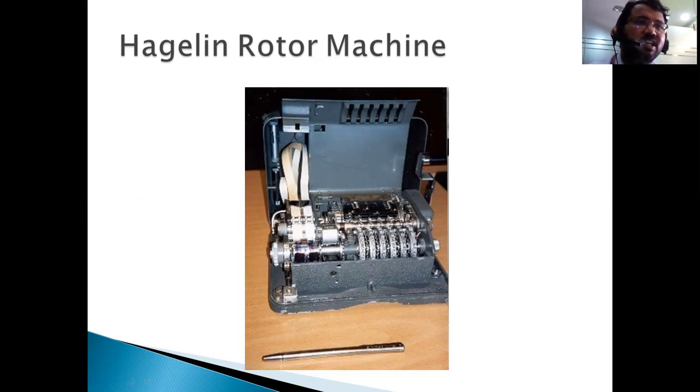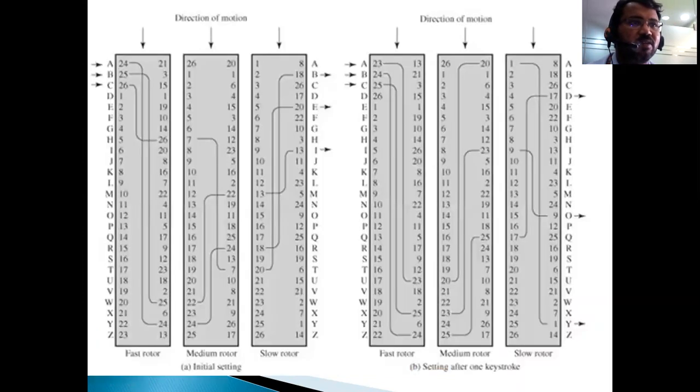Now we will see how the inner functionality works in the rotor machine. This is the inner structure of our rotor machine. There are three rotors, which we call the fast rotor, medium rotor, and slow rotor. In a three-rotor machine, there are initial settings.